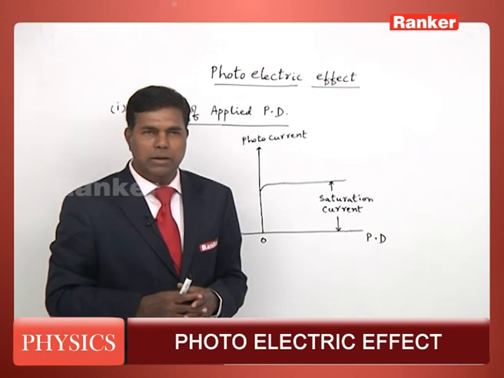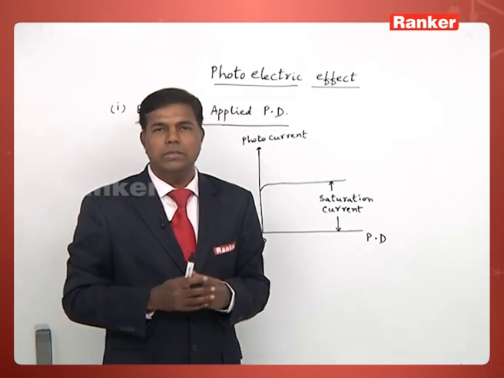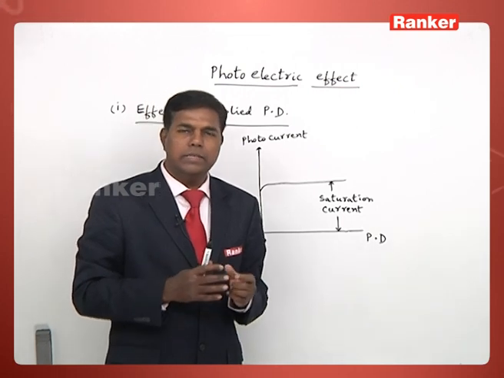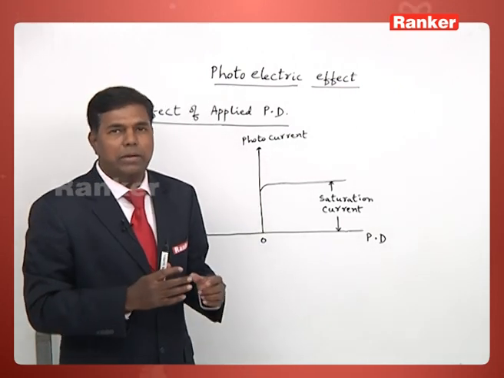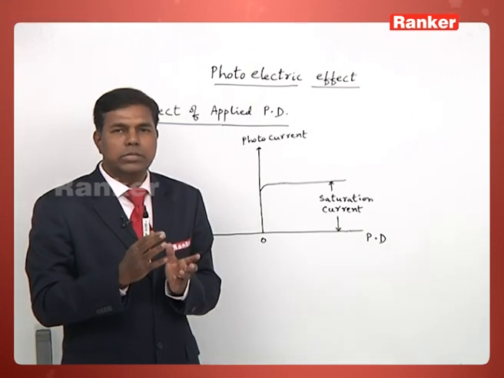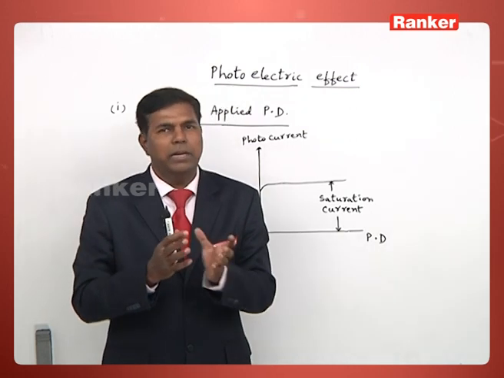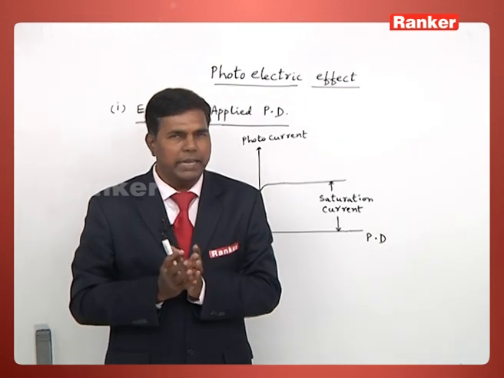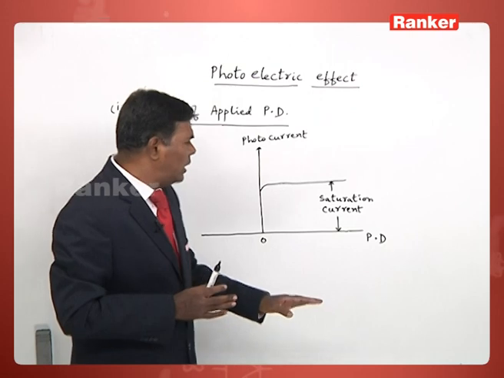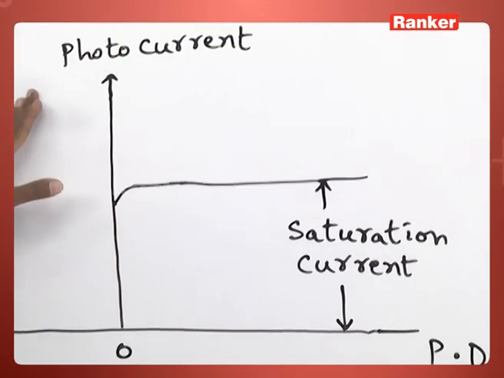This is obvious because the current is driven by the radiation that is incident on the cathode. The current is not driven by the applied potential difference. The potential difference is given in the circuit just to give a direction to the electrons. By itself, the applied potential difference is not producing any current. So, naturally the applied potential difference does not have any effect on the photocurrent.